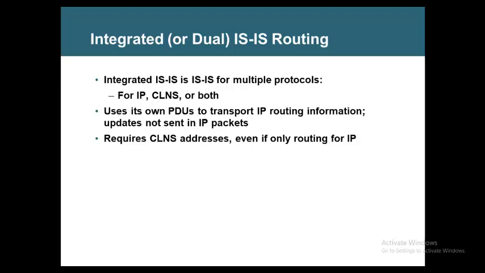I told you, ISIS doesn't use router ID. Router ID is a 32-bit format, 8-bit dot 8-bit dot 8-bit dot 8-bit, which is used as a router ID in OSPF.